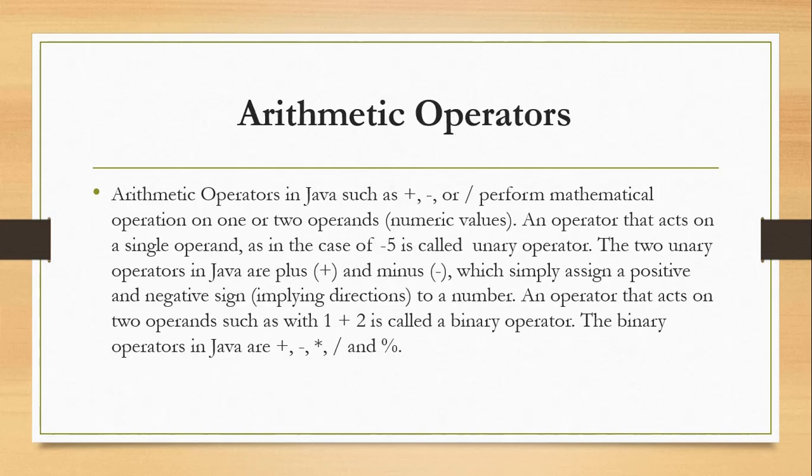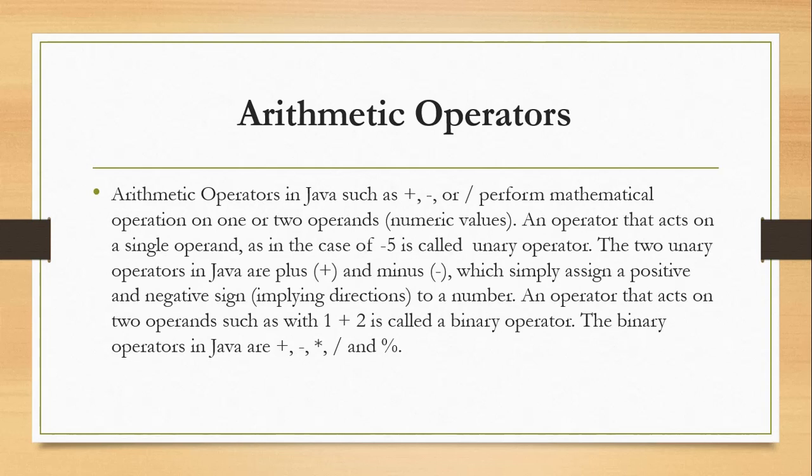Arithmetic operators. We also have arithmetic operators and arithmetic expressions in Java. Arithmetic operators in Java, such as addition, subtraction, and division, perform mathematical operations on one or two operands. An operator that acts on a single operand, as in the case of -5, is called a unary operator.